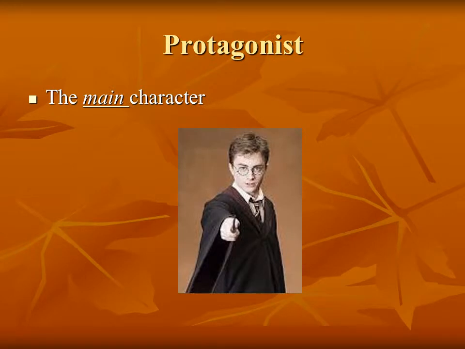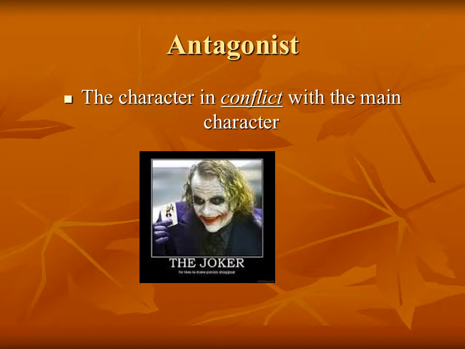To make our lives a little bit easier, we have to define a couple of more topics from literature. The first is some basic literature terminology. From now on, we will be referring to the main character of a story as the protagonist. So the protagonist would be Harry Potter in Harry Potter, Luke Skywalker in Star Wars, The Hobbit in The Lord of the Rings, etc. And working against the protagonist, we have the antagonist.